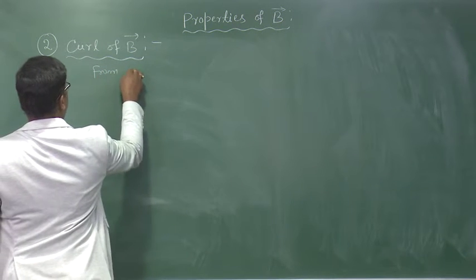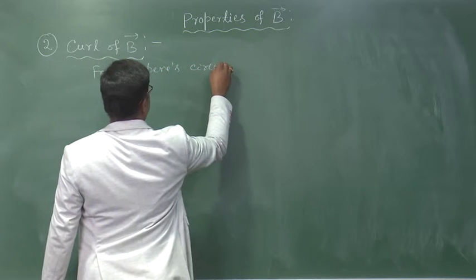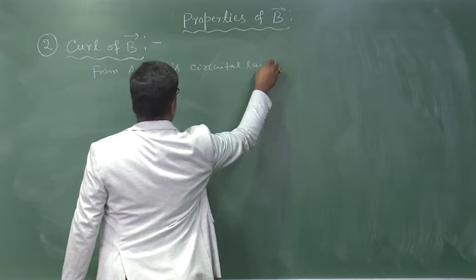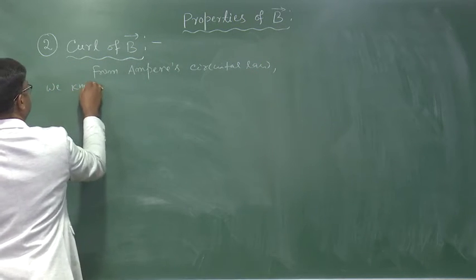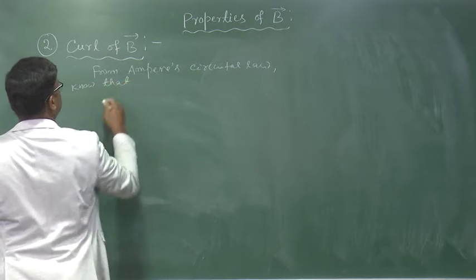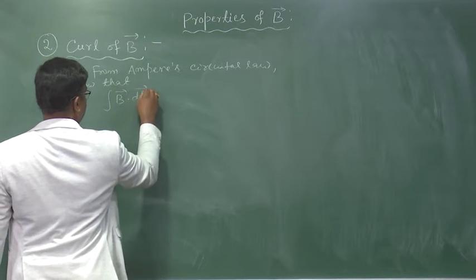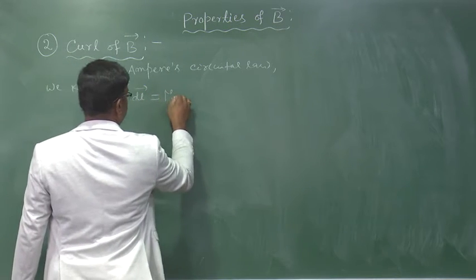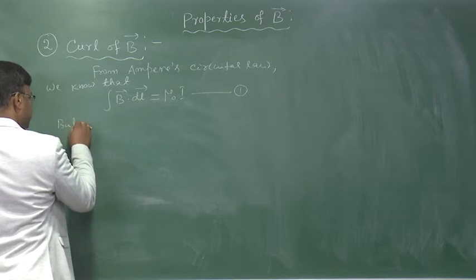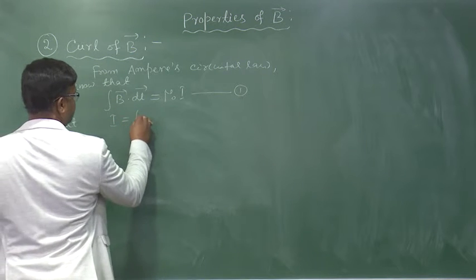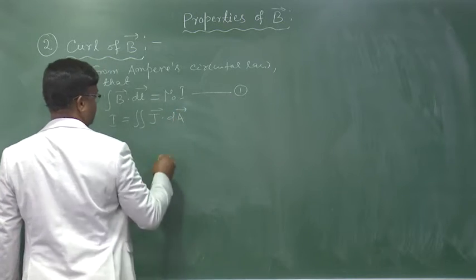From Ampere's circuital law, we know that integration B vector dot dl vector equal to mu 0 I. But I equal to integration j vector dot dA vector.